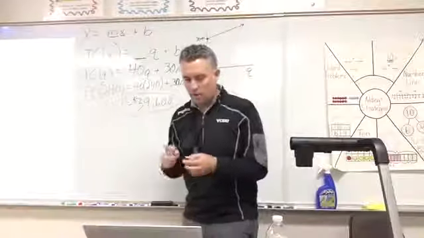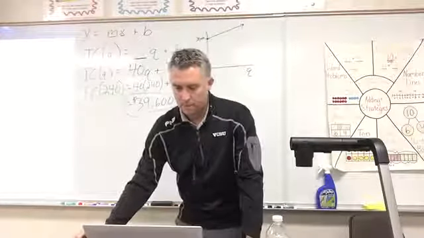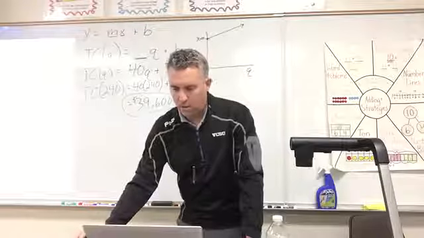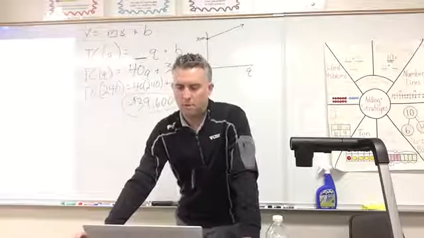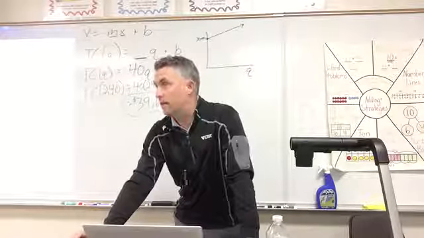Total cost. If I was doing this on my computer, I could punch in the formula that I came up with. Now remember, when you use GeoGebra, if you try to use TC and Q, your computer's not going to know what you're talking about.